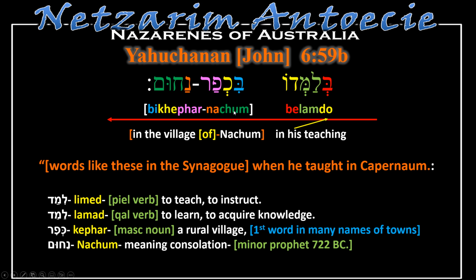So most probably this is the village he was born in, that prophet. In the village of Nachum. So words like these in the synagogue, when he taught in Capernaum. Now we can see that they've actually joined those words, but generally they're hyphenated to give it like it's a village of.